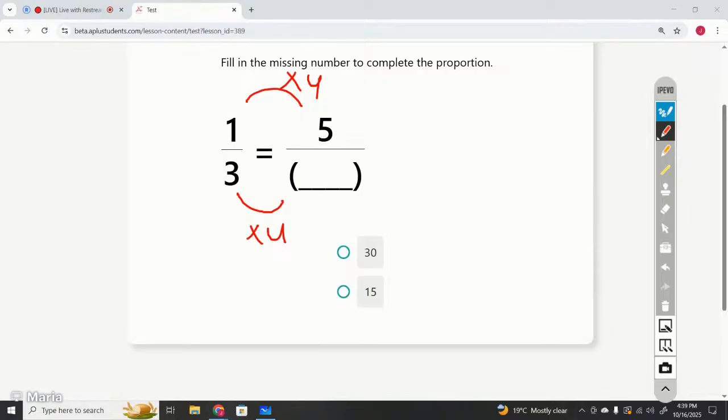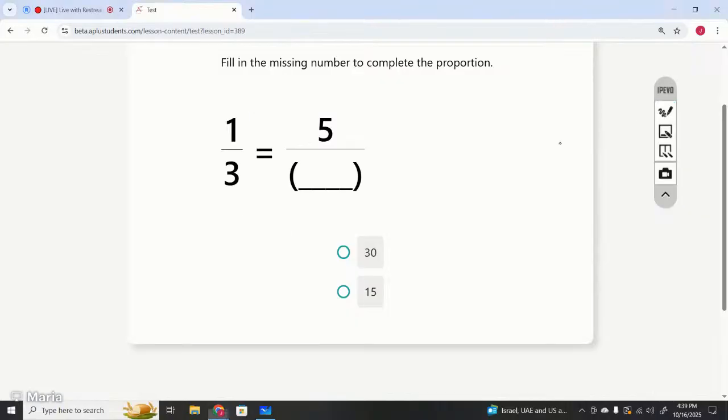That is for the last question, right? 1 times 5 is 5 and 3 times 5 is 15. Option number 2 is the correct option.